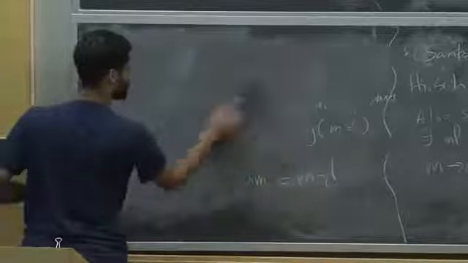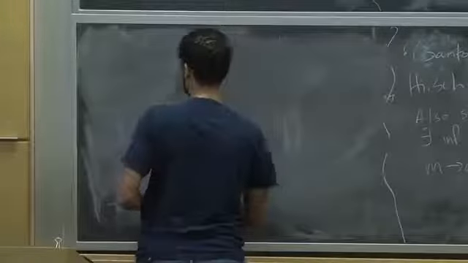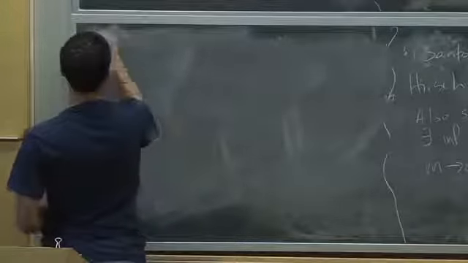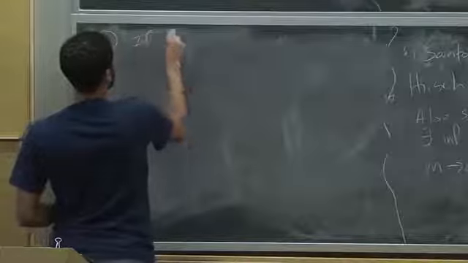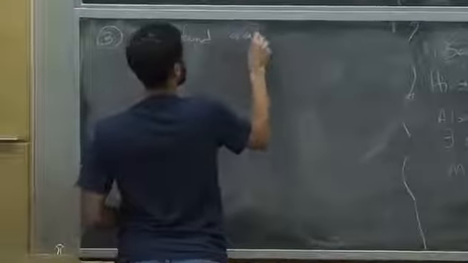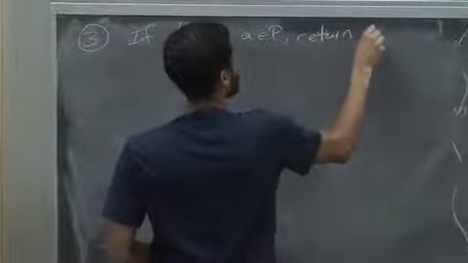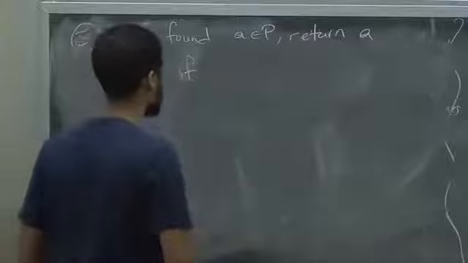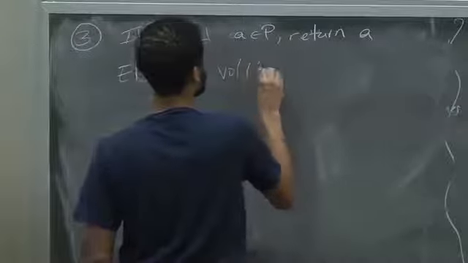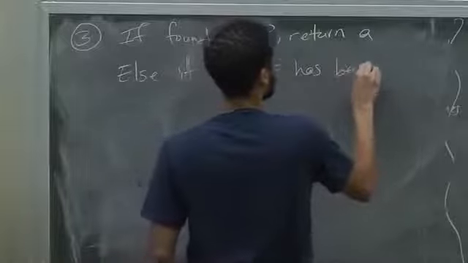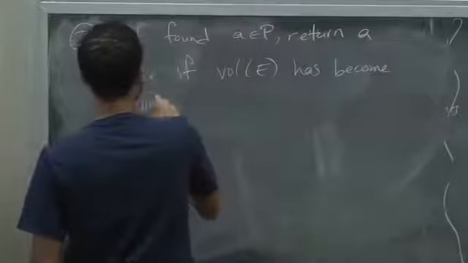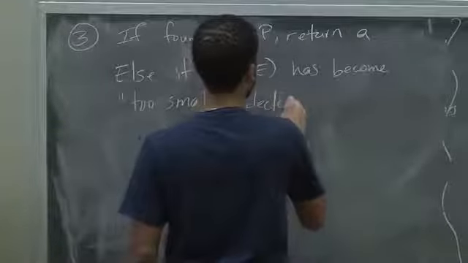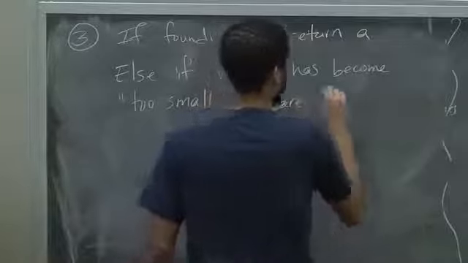And finally, if found in A and P, you return A. Else, if the volume of E has become too small, I'll say what that means in a second, declare P is empty.